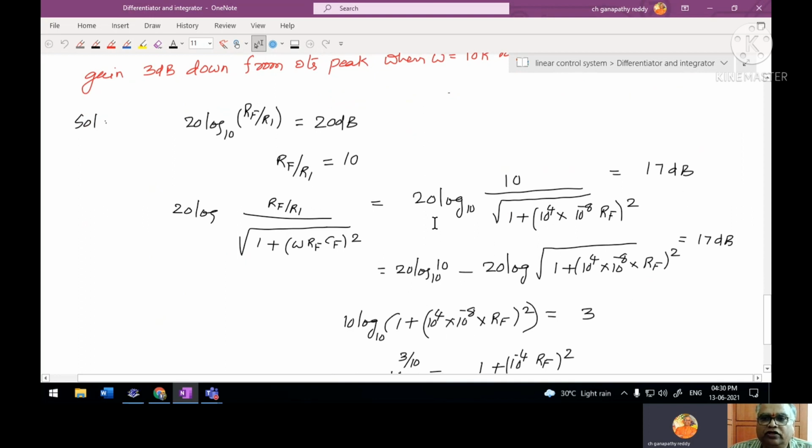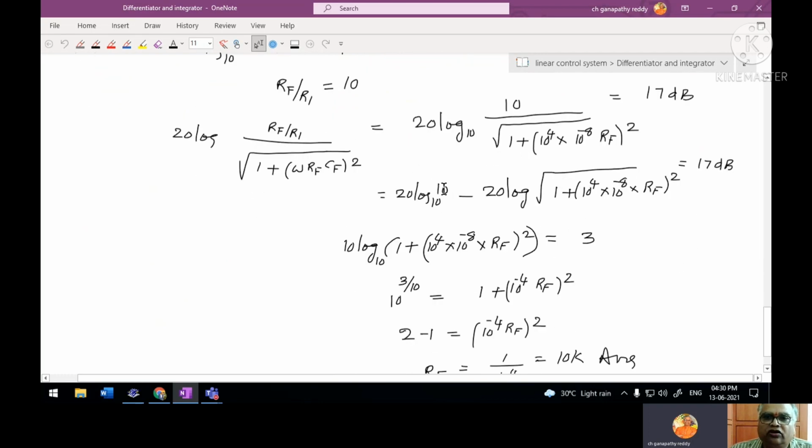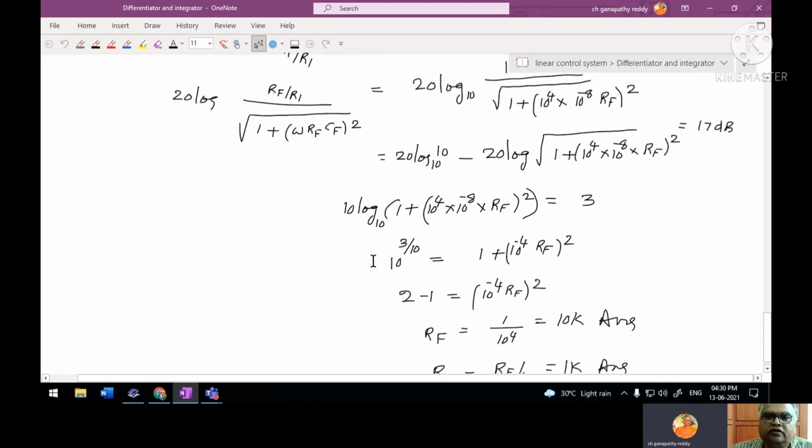Now simplify: 20 log 10 minus 20 log of the root is equal to 17. 20 log 10 is how much? 20. So send this to the right side: 20 minus 17 is 3. Then 20 log of the root, where the root will be 1 by 2 now, 20 changes to 10, so 10 log base 10 of the term equals 3.